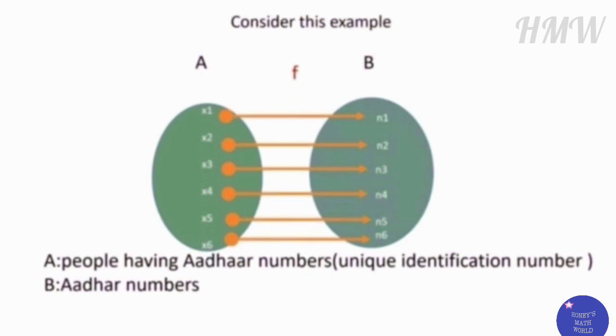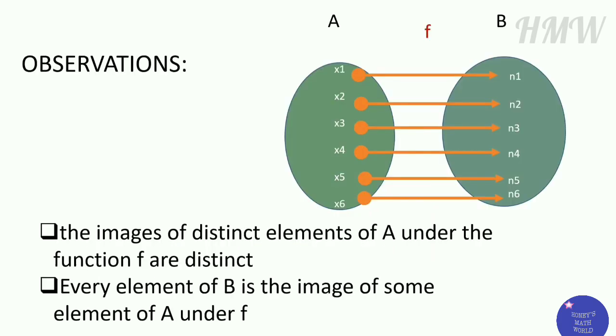Each and every number has a unique pre-image. No Aadhaar number should be left unlinked to a person. So, in this function, we observe two special qualities. What are they? The images of different elements of A under the function f are different.